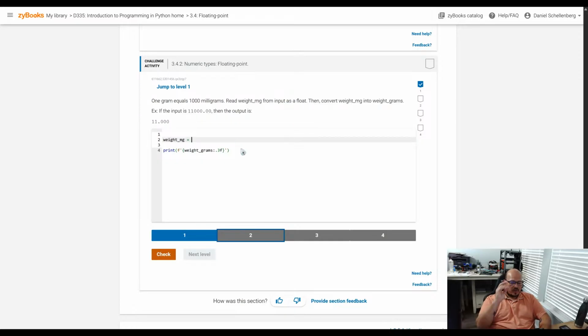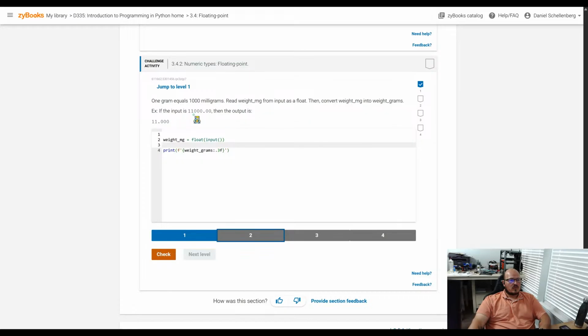I was wondering if we need a float or an integer, but it tells us to use a float. So we'll do float input weight milligrams, float, then convert weight milligram into weight grams.